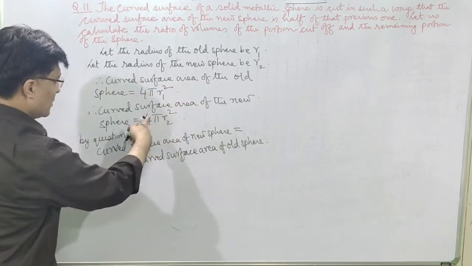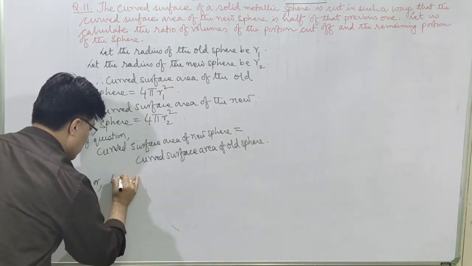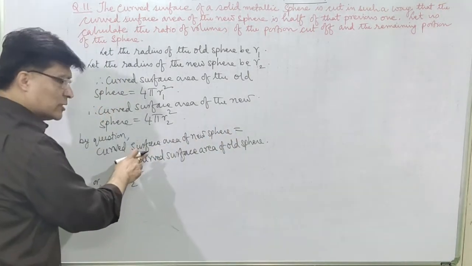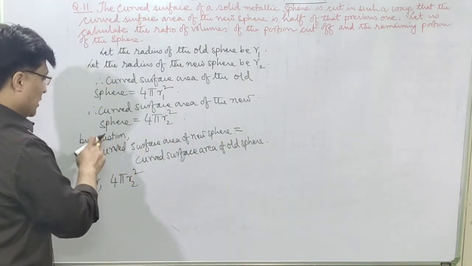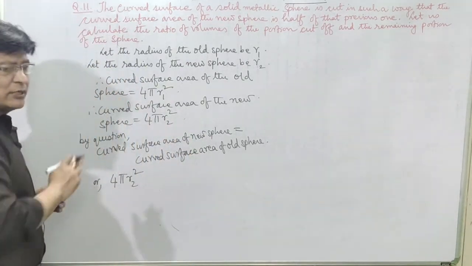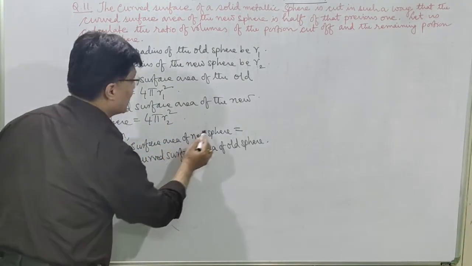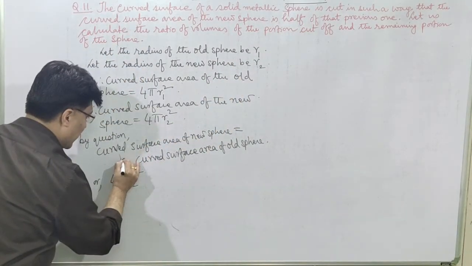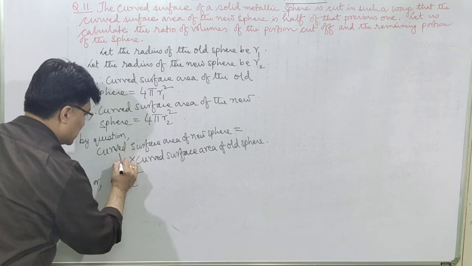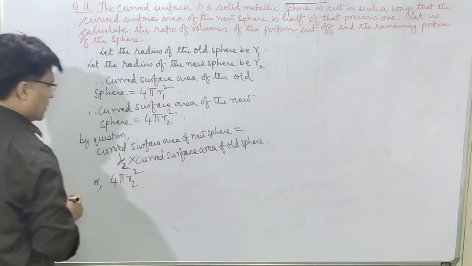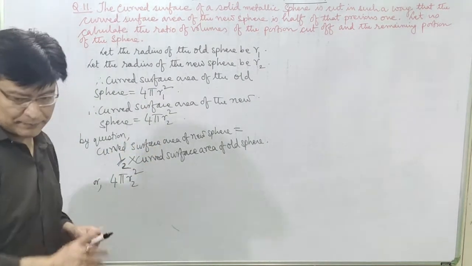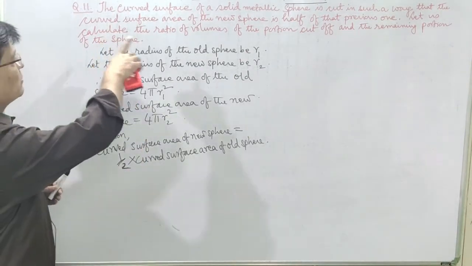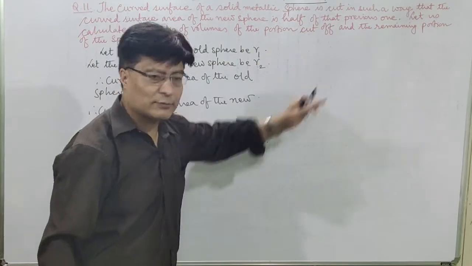Curved surface area of the new sphere is 4 pi R2 square. So this is 4 pi R2 square is equal to, it's not is equal to half. By question it is given that curved surface area of the new sphere is half of the previous one. That is equal to, this will be half into, right? Sorry, I have forgotten it. It is half into curved surface area, right? By question it is given that the curved surface area of the new sphere is half of that of the previous one.